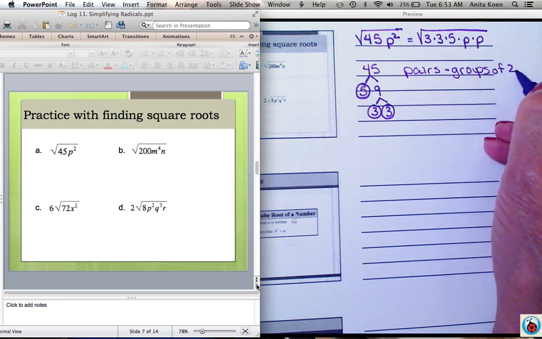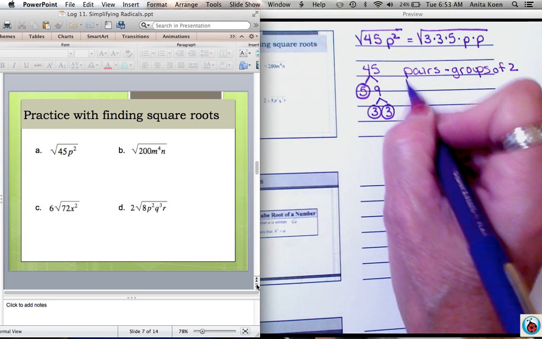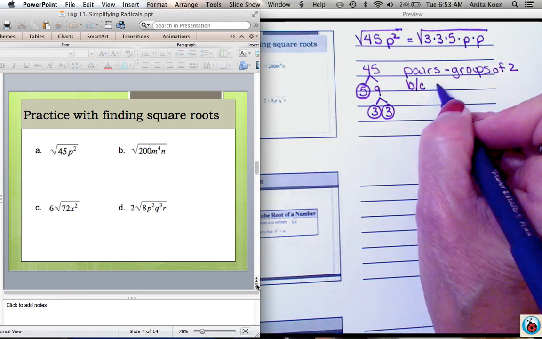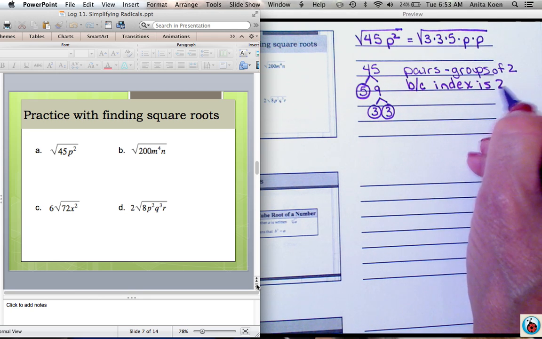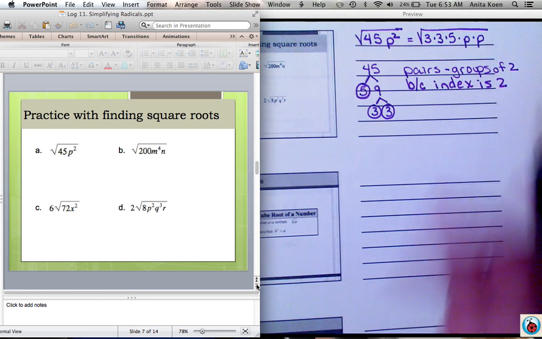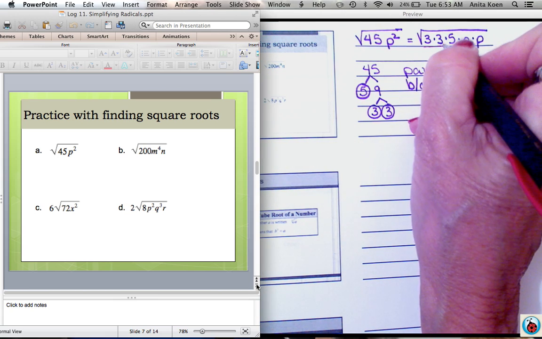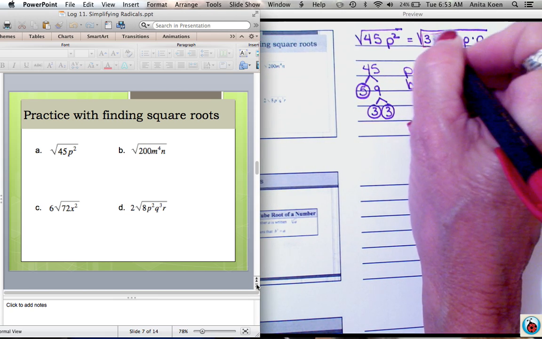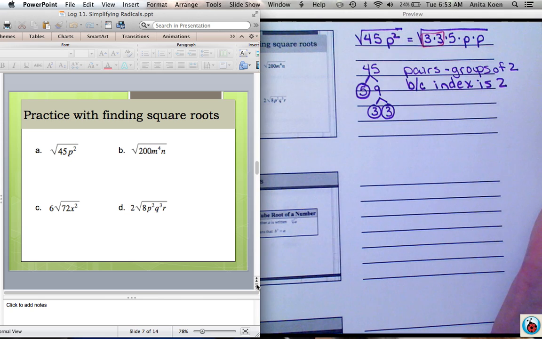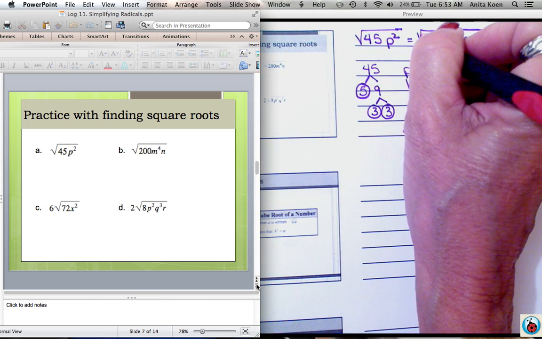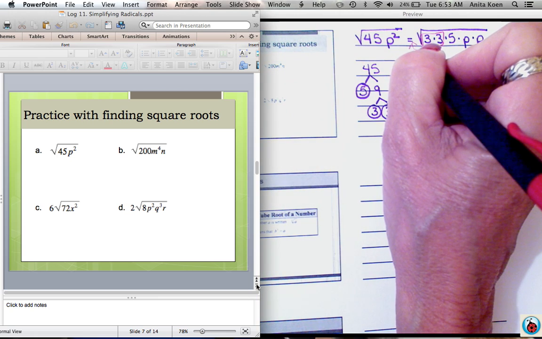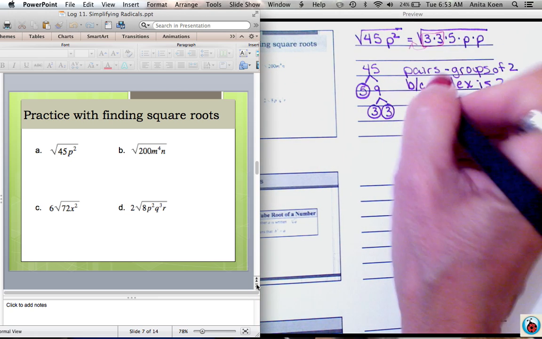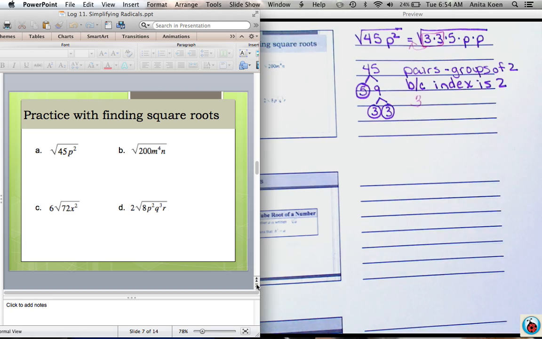Groups of 2, because my index is equal to 2. Here's a group of 2 3s. 2 3s under the radical get to come out of the radical as 1 3.